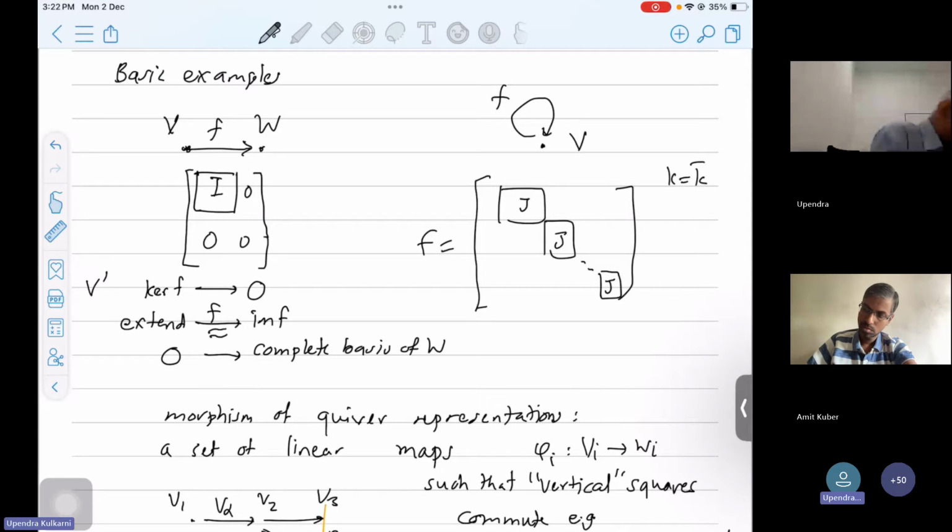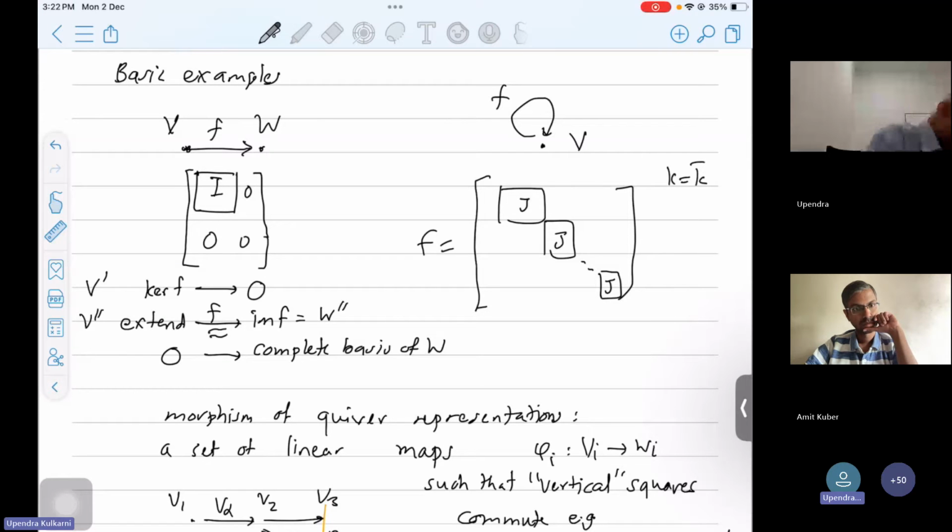Everything in V prime goes to 0 under the map F. Now, when I extend the basis of the kernel, the span of the remaining vectors I'm going to call V double prime. F maps V double prime isomorphically. So the image of that I'm going to call W double prime.